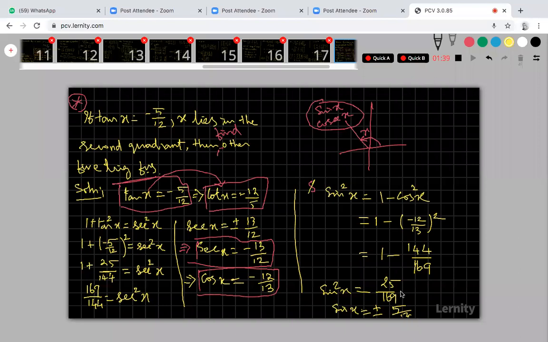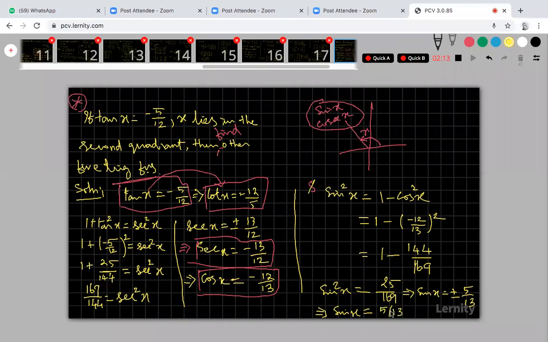So sin x is plus or minus 5 by 13, which implies sin is positive in the second quadrant. Therefore your sin x is equal to plus 5 by 13 only.